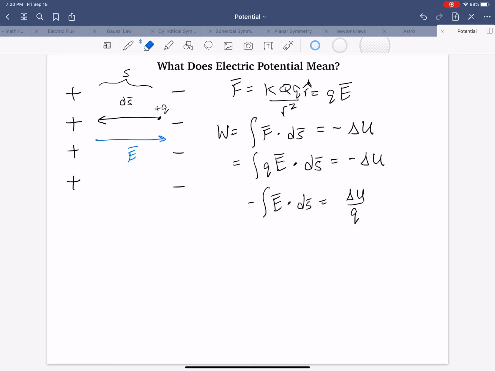Right? So this minus sign right there is essential. That's part of this. And I haven't said it yet, but this is what the potential is. And we write that as V. Electric potential, also known as voltage.